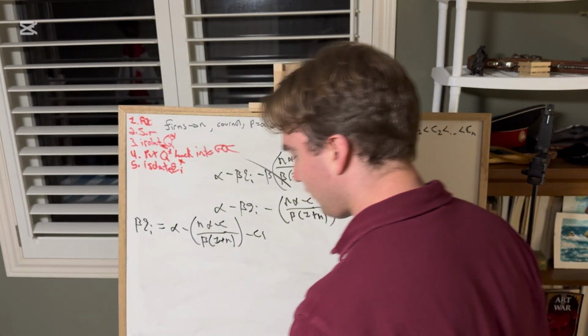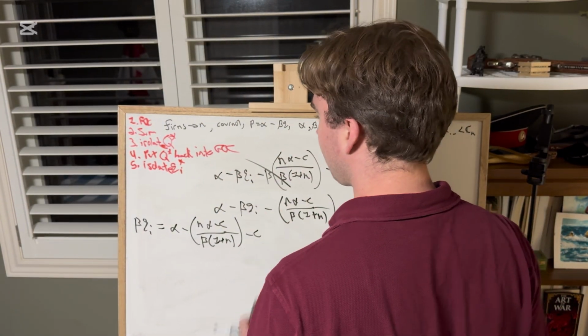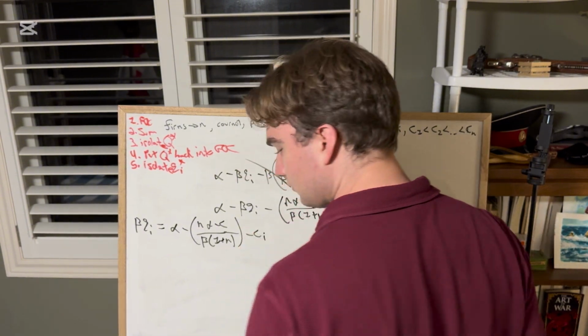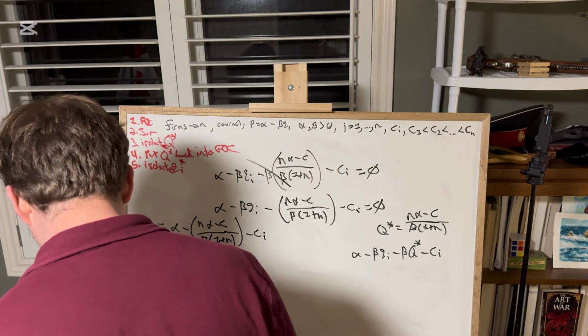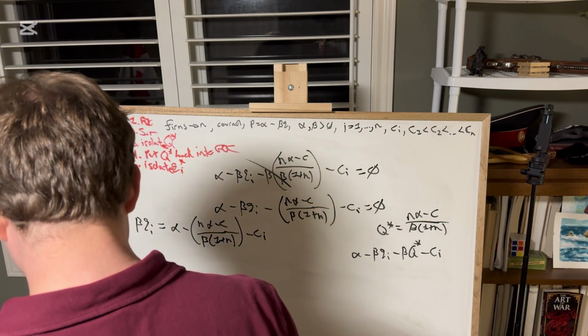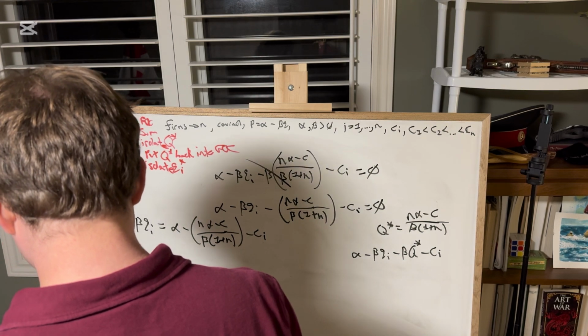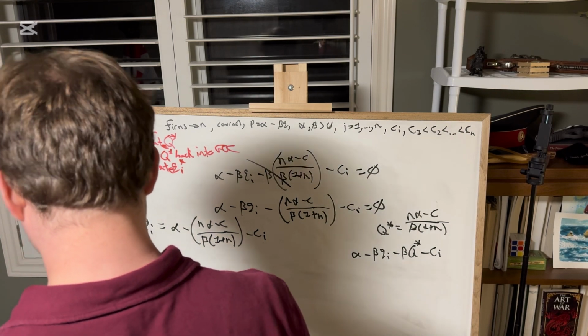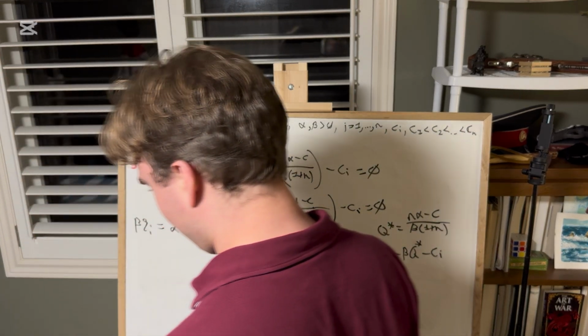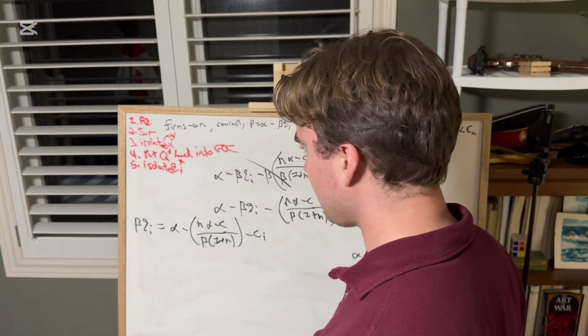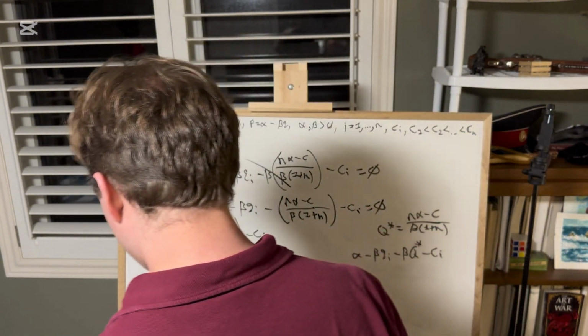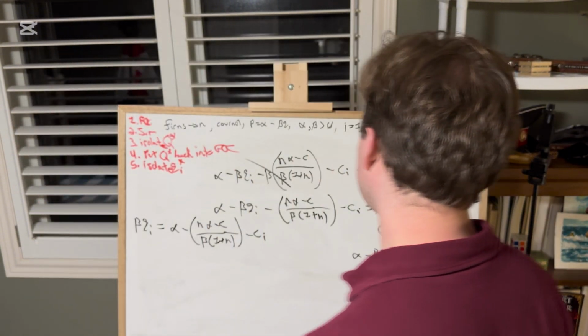Now, do I want to simplify any further here? I did do it here, so we have to simplify further, because that's what I did. Okay, so here's how you simplify.